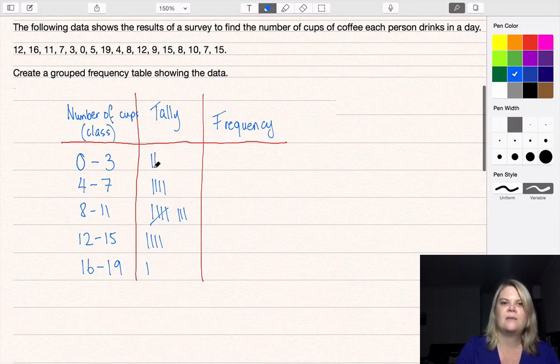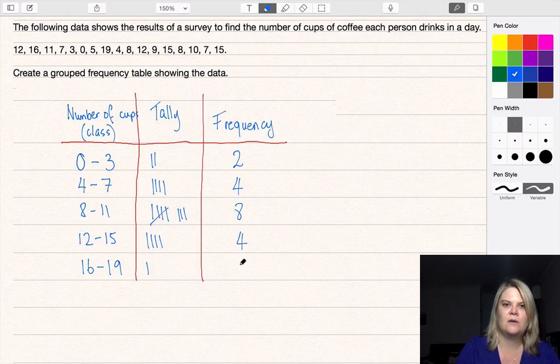All we need to do is add up the tally. So we have 2 data points in this class interval, 4 here, 8, 4, and there should be another one there to make it 2.